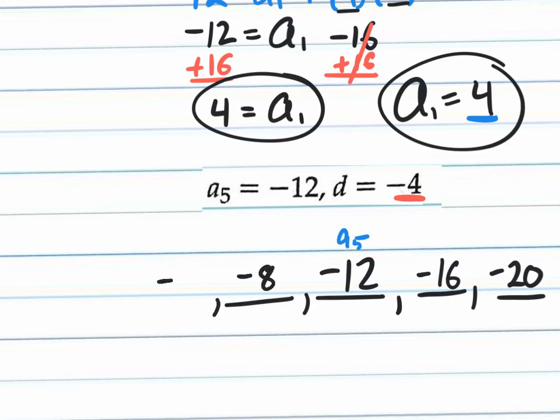Plus 4 will give you a negative 4. Plus 4 will give you a 0. Plus 4 will give you a 4. Let me see. Do we have 5, 4, 3, 2, 1? There you go. So your list really does begin with a sub 1, which is 4, a sub 2, which is 0, a sub 3, which is negative 4, a sub 4, which is negative 8, a sub 5, which is negative 12. And that's the list.